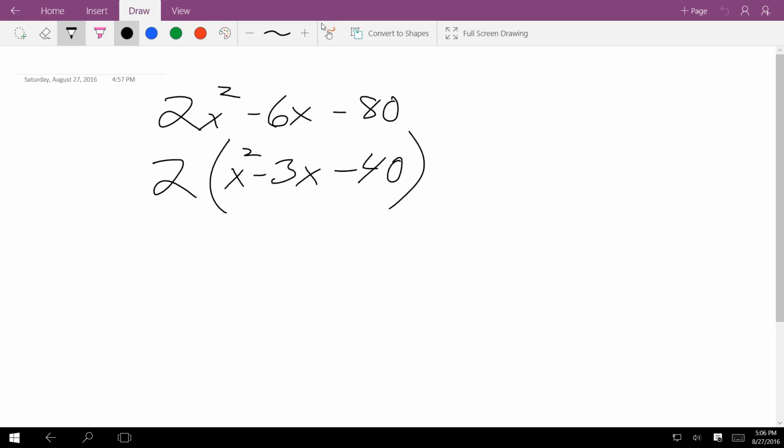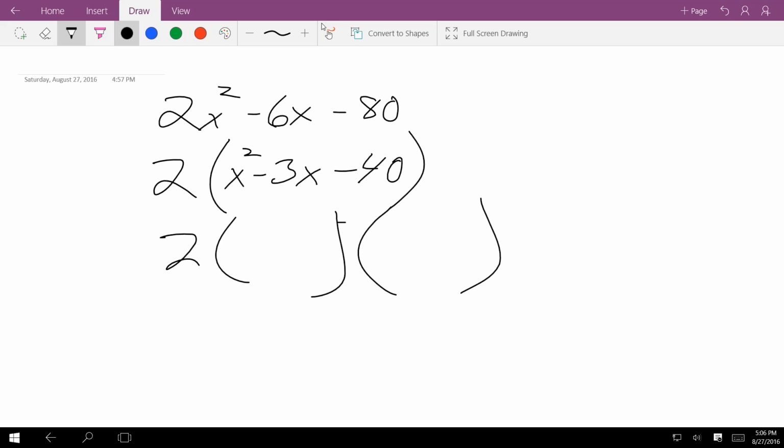It doesn't require anything terribly sophisticated, like the California method or the diamond method, or just winging it. I'm a big fan of winging it myself. The way I do any factoring problem like that is I split the x's up, and I determine both signs.